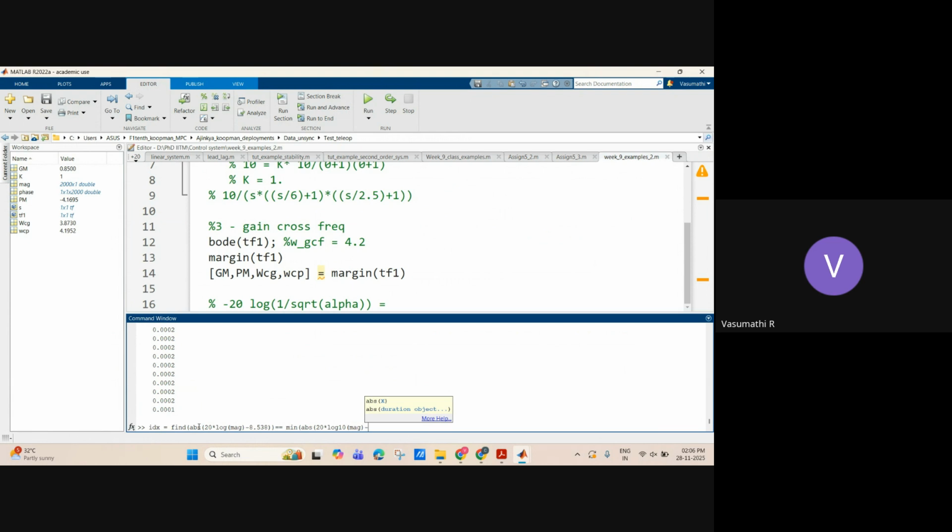Minus of there, minus of minus 8.4315. It's also log 10 should be, right. It's in the zero.